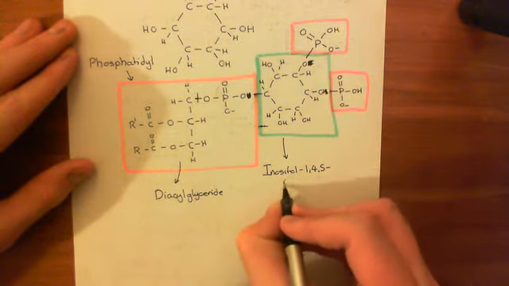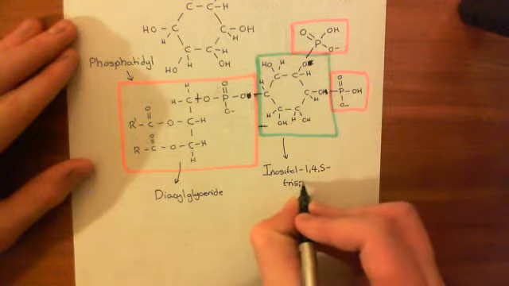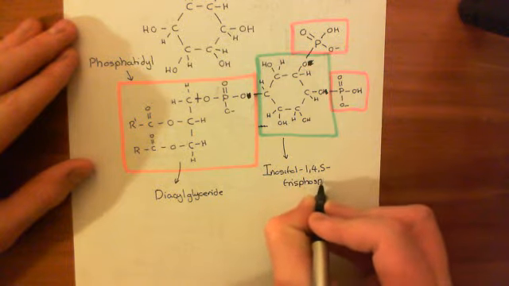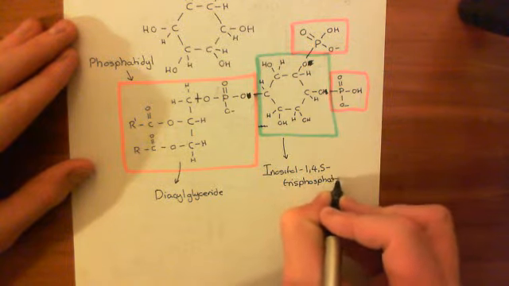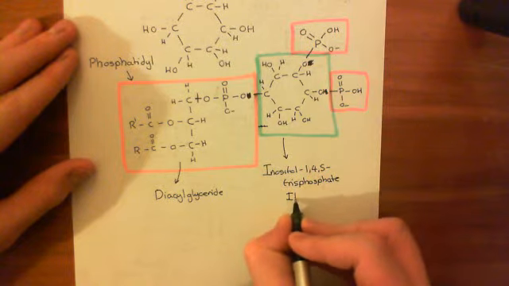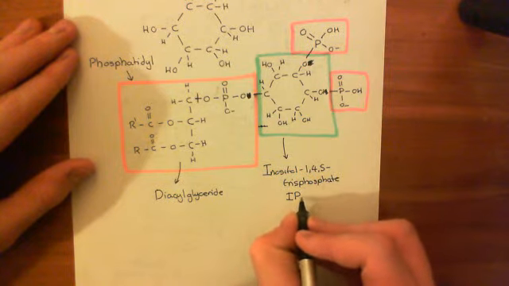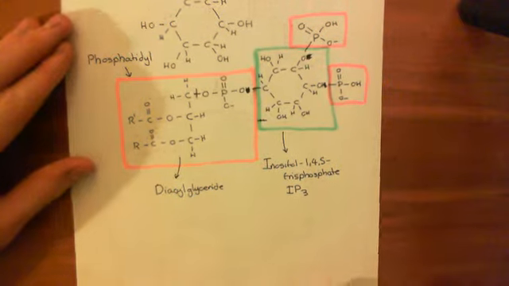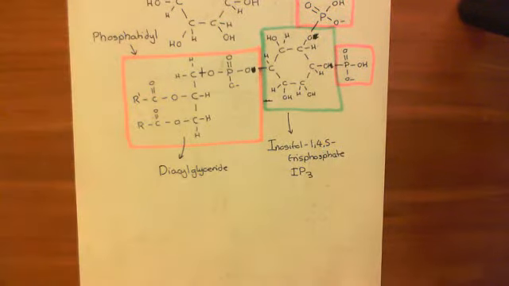That's a bit of a mouthful, so we'll often just denote it I for inositol, and then P for phosphate, and then 3 to denote that we've got 3 phosphate groups, so IP3. Okay, so these are the 2 products of the enzyme phospholipase C beta, which was activated in response to our G protein coupled receptor being activated by its ligand.